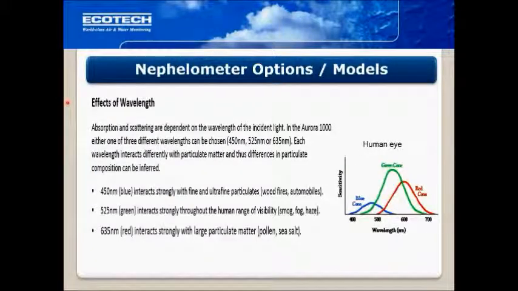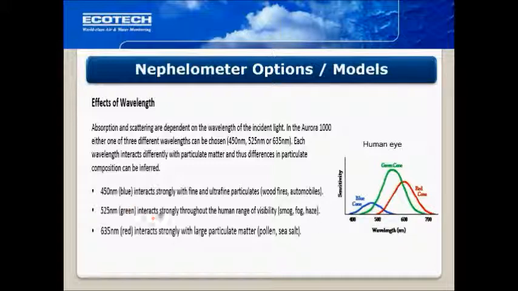This was basically a single wavelength nephelometer used here, but what is the advantage of multiple wavelengths? When you use multiple wavelengths, you have a chance to see different particle characteristics, because the blue wavelengths interact a little better with fine and ultrafine particles, so wood fires and automobiles react a little more with the blue wavelengths.